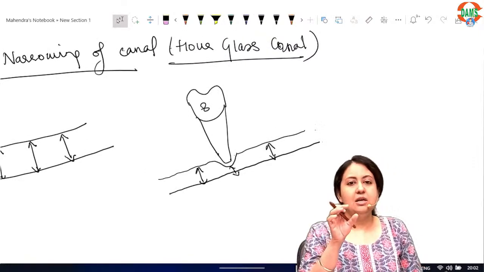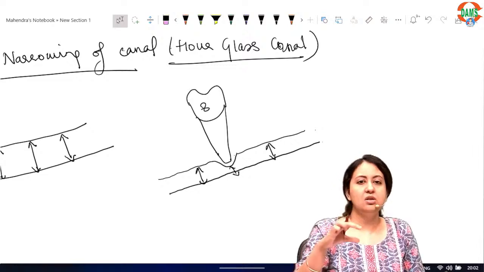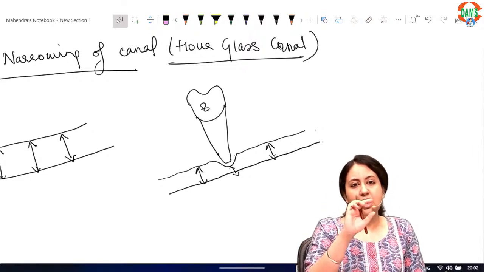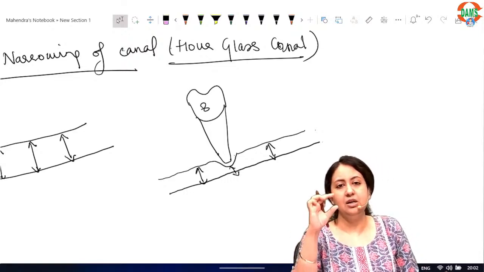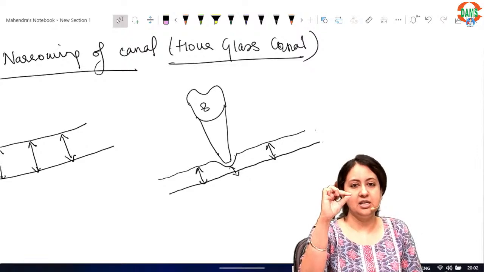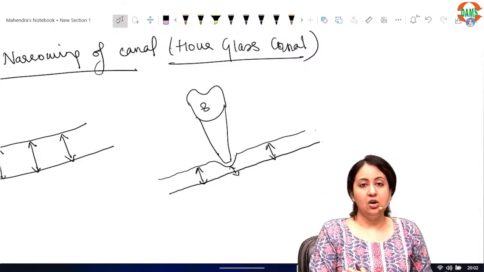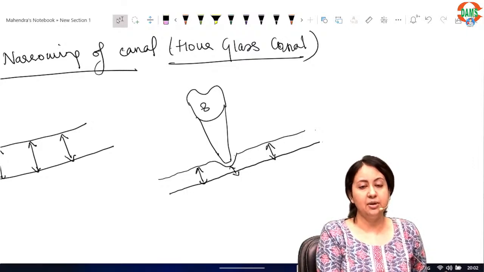So please remember, in sudden deflection of canal, both the cortices will have a bend, and in narrowing of the canal, only the upper cortex will have a bend and the lower cortex would be maintained, but the width of the canal in that area would be decreased. All right, so these are your Rood and Shahab criteria.